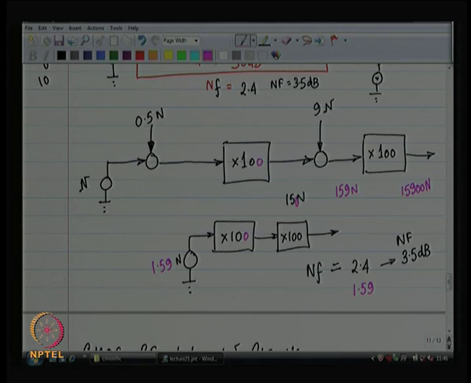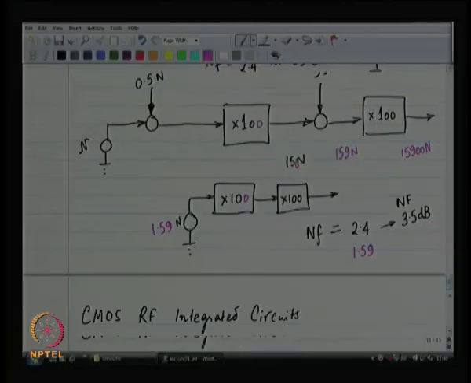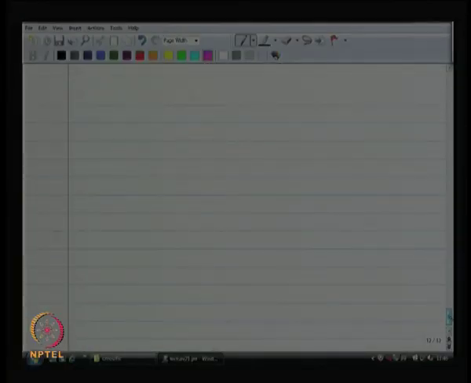So, my noise factor would then reduce to 1.59, right. So, if I change the gain of the first stage, if I increase the gain of the first stage, then the overall noise factor is actually dropping. So, what am I saying over here? What am I trying to say? So, you have got a system with a certain amount of gain.